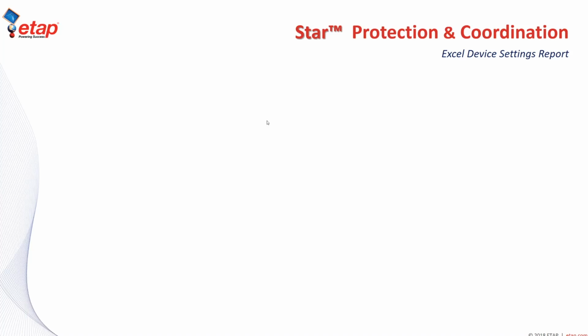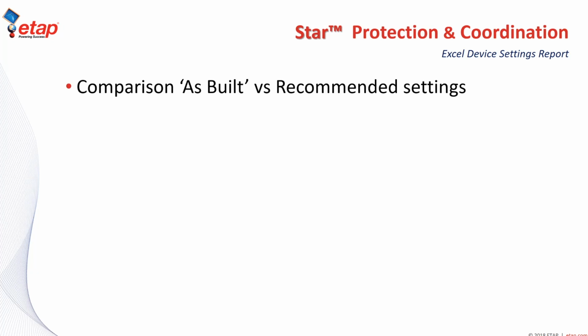report. Another type of report that's available in ETAP comes from the Star Protection and Coordination module. This one is a device settings report generated in Excel. The purpose for this report is to provide a tabular comparison of the as-built, which is the as-found system, versus the recommended settings.